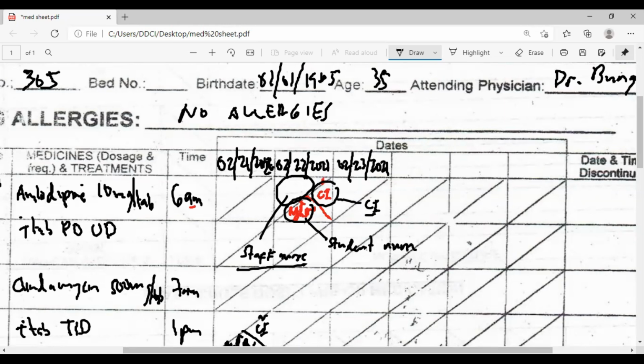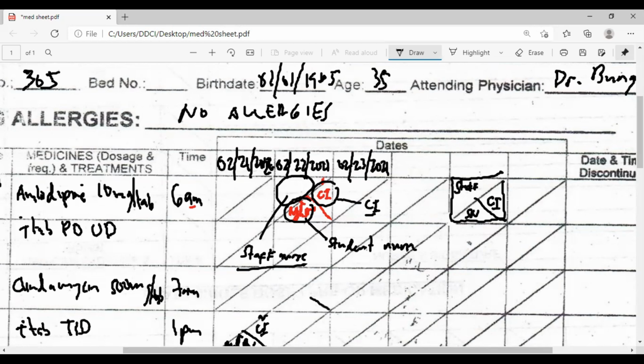Okay, so basically, what you're going to do is divide the triangle into another triangle. For example, this one. Okay, so you divide it. So this is for the staff signature, student nurse signature, and your CI. So this is the box where you're going to affix your signature. Okay. So for example, let's say clindamycin around February 22 was given by the student nurse, 500 milligrams.